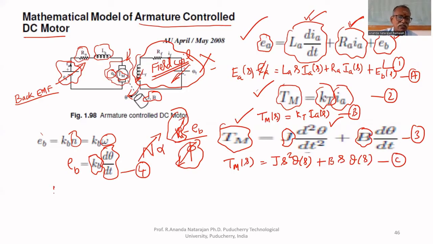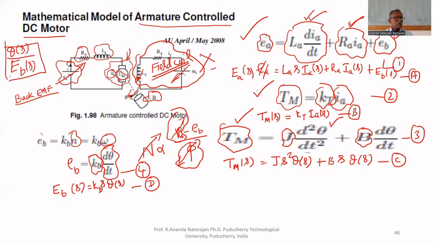Then EB of S equals KB S theta of S. If you combine all these together, you will get the transfer function. What is the input to the armature controlled DC motor? Transfer function model of the armature controlled DC motor.